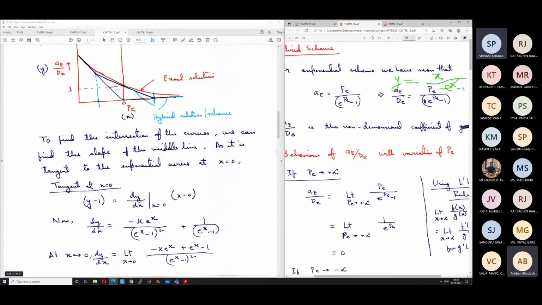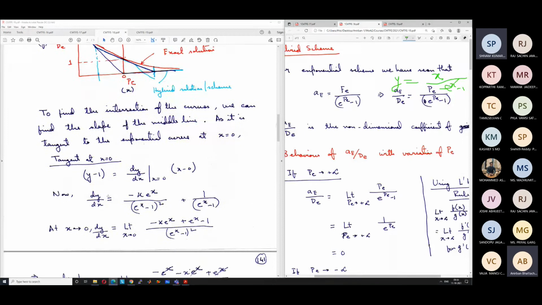Okay. So then we will find the tangent. So dy/dx, you can find it by just taking the derivative of this by parts. The derivative is very easy to calculate. So x, then derivative of the denominator, which is minus (e to the power x minus 1) square.